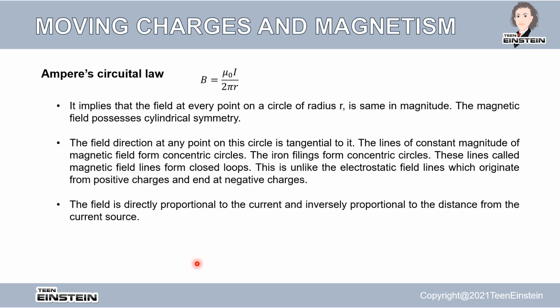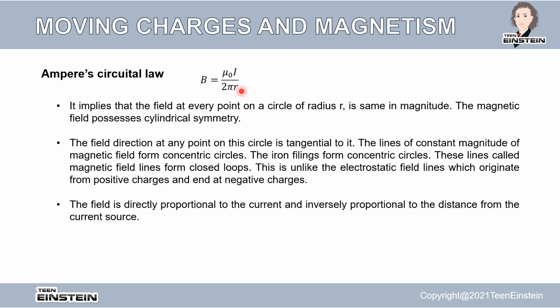Okay, so this is the equation for finding the magnetic field at a distance r from the current carrying wire, given that I is the current. So it implies that the field at every point on a circle of radius r is the same in magnitude. The magnetic field possesses cylindrical symmetry. Just by looking at this equation, we can understand that for a constant current, the value of B depends only on r.